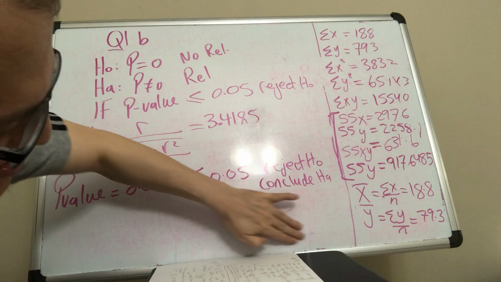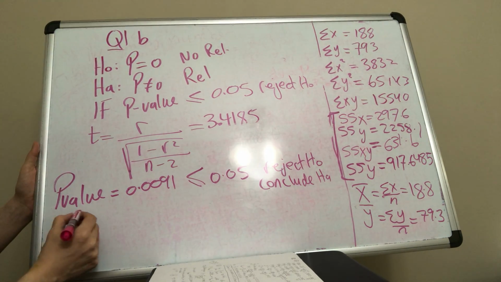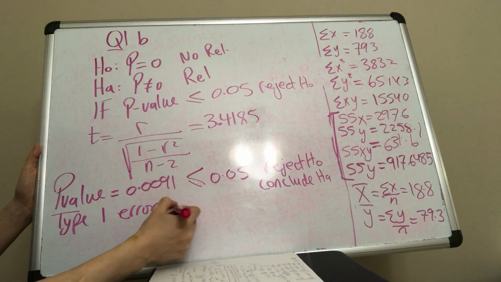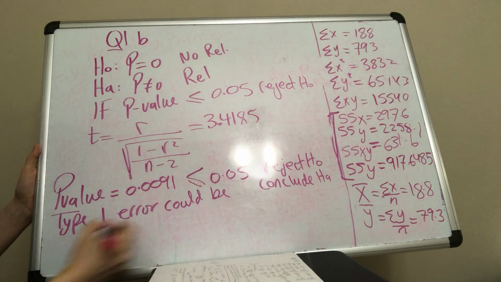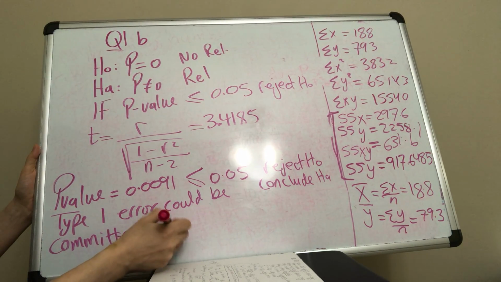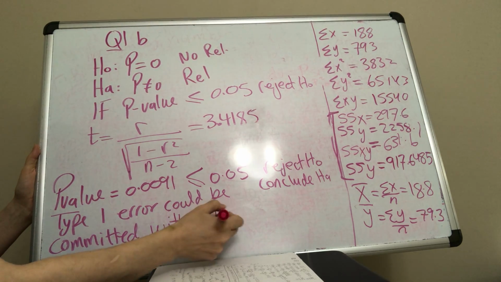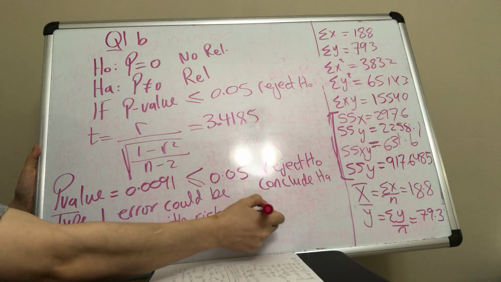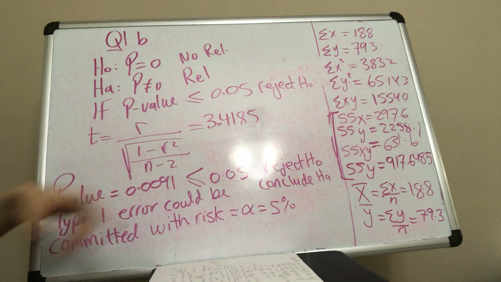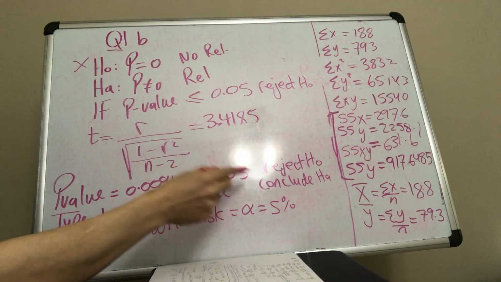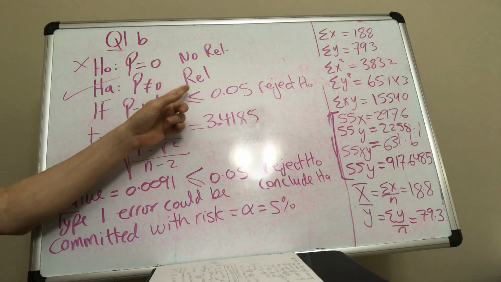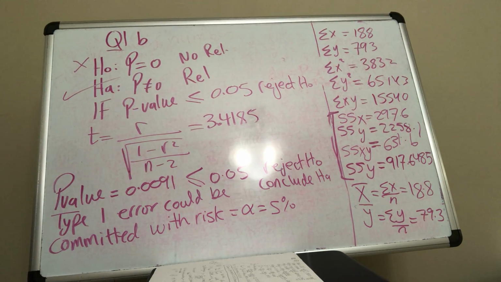Anytime you reject H0, you have to say type 1 error could be committed, with risk equals alpha, the 5%. So you're rejecting H0, you're concluding HA or H1. So you're saying yes to this: there is a relationship.